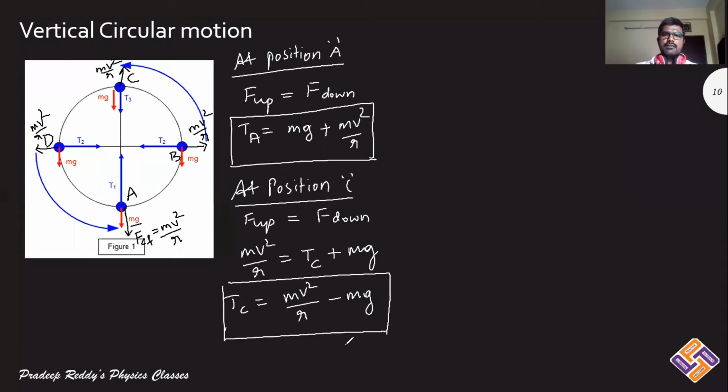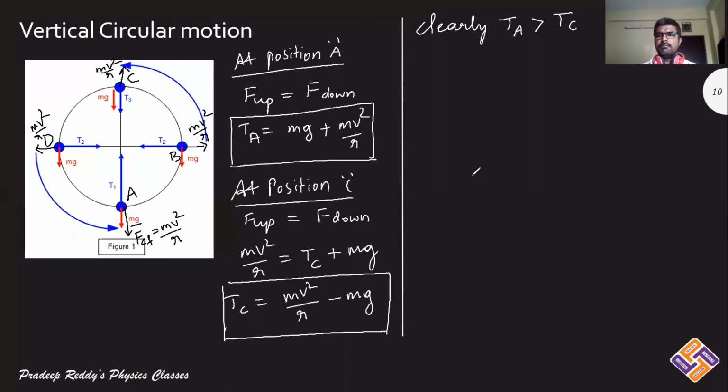Now from these free body diagrams, you are able to tell one thing clearly. Tension at A is the sum of gravitational force and centrifugal force. Tension at C is the difference of centrifugal force and the gravitational force. Therefore, clearly, tension at A is greater than tension at C. Tension at A and tension at C are not equal.